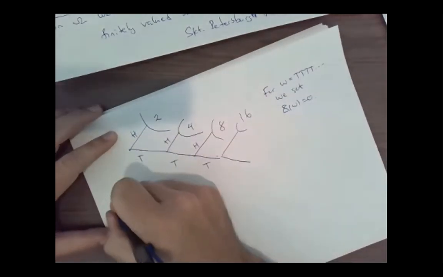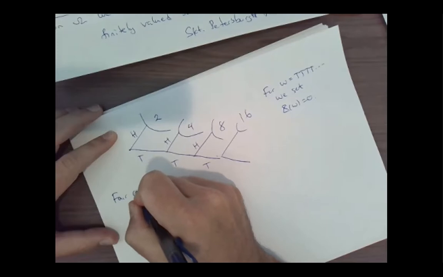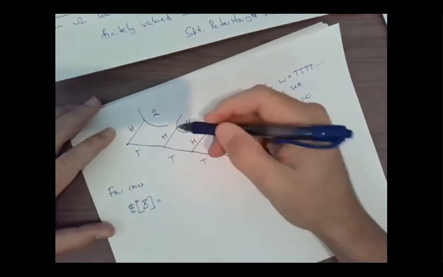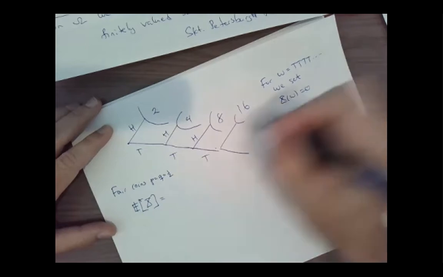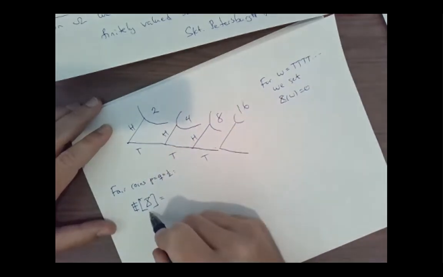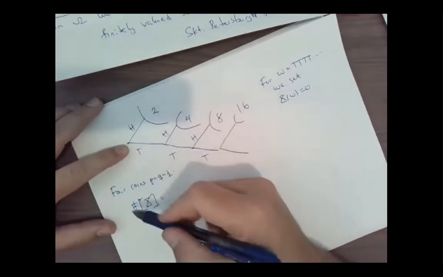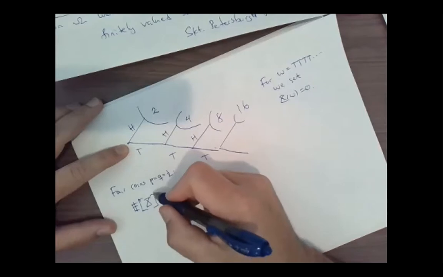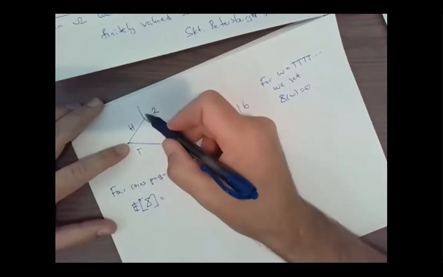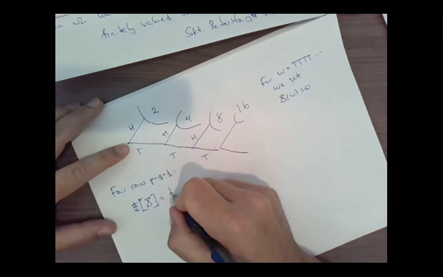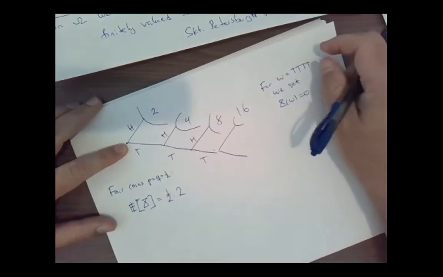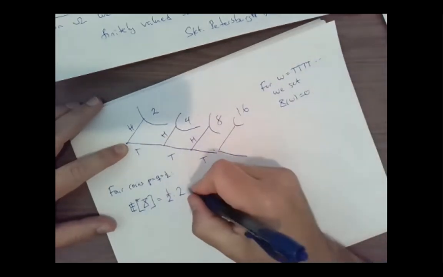So let's do fair coins. Fair coins, so p is a half, and q is a half. So I do the expectation. What is the probability of x being 2? Well, x is 2 exactly when the first one is heads. So that's going to give me the probability half times 2. Okay, there's more in the set.